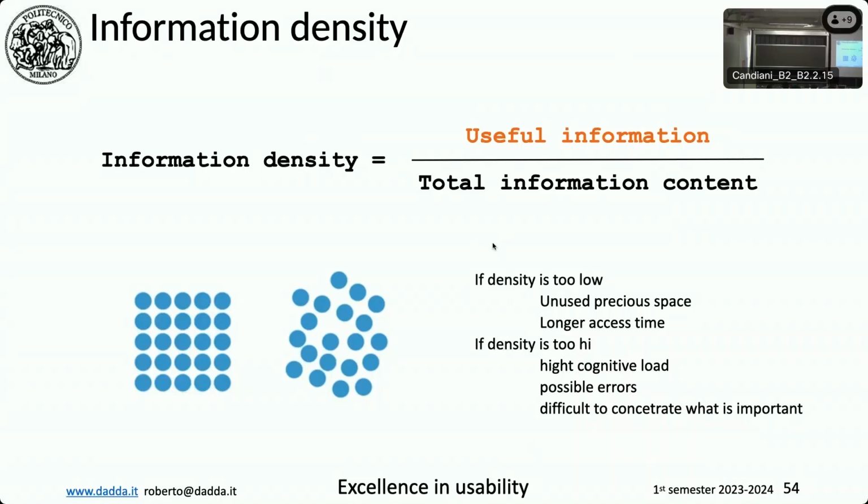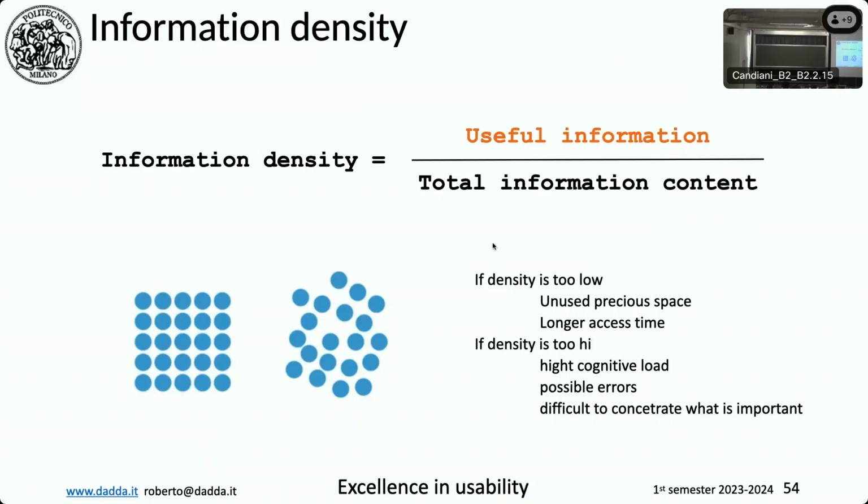So if the density is too low, it's true that you don't use space and you have long times, because you need maybe to have this number. Why we ask you to measure the number of clicks: because in a railway website to look for a train, if I need to click through 5 pages, it's too much, of course.